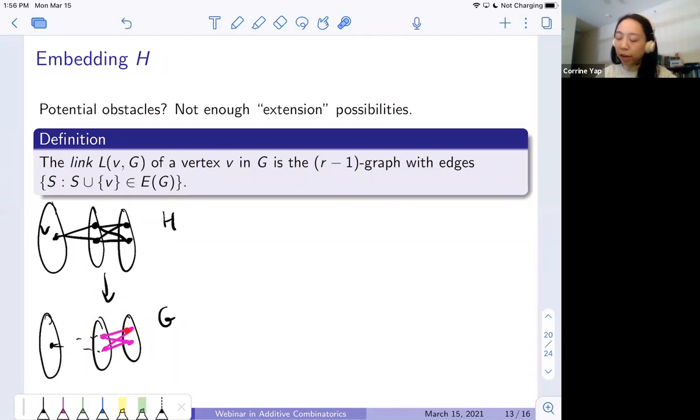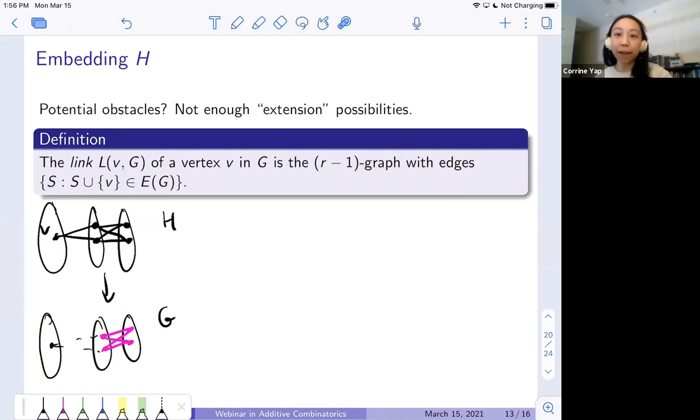So I'm looking at not just subsets of vertices, but actually subgraphs and all of the possible subgraphs that could come up. Before I wanted to say every subset has a large common neighborhood.